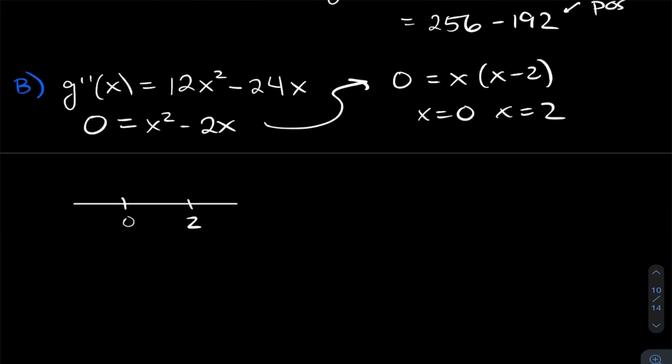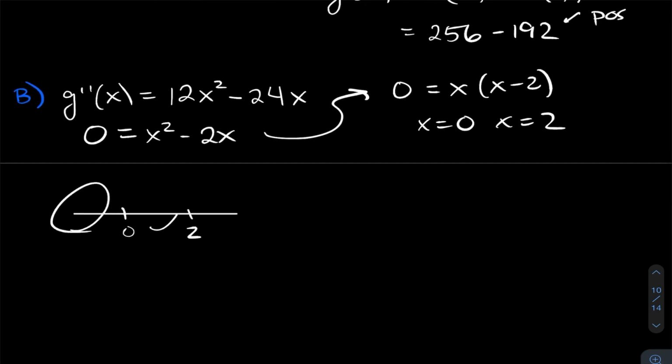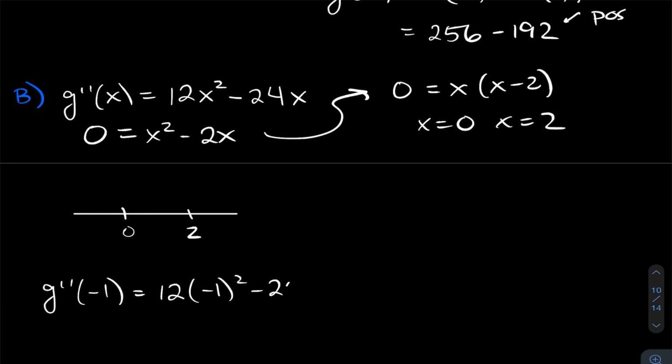So here's 0 and 2. Let's pick some test points. We're going to need another 3 test points. I like -1, 1, and 3. Those will be the easiest. So g double prime of -1 is going to be 12 times -1 squared minus 24 times -1.